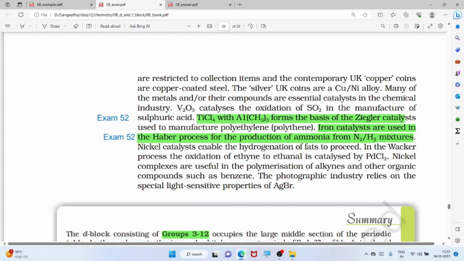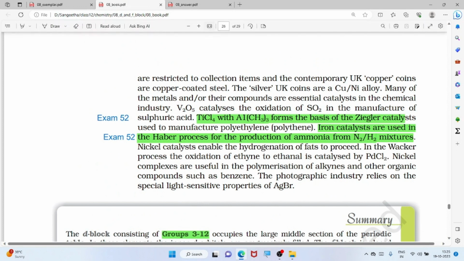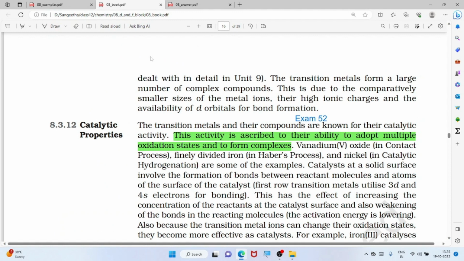Okay, they are given here. Haber process, contact process. What are these?